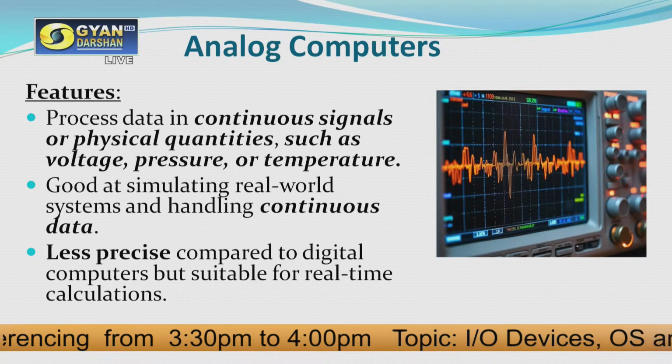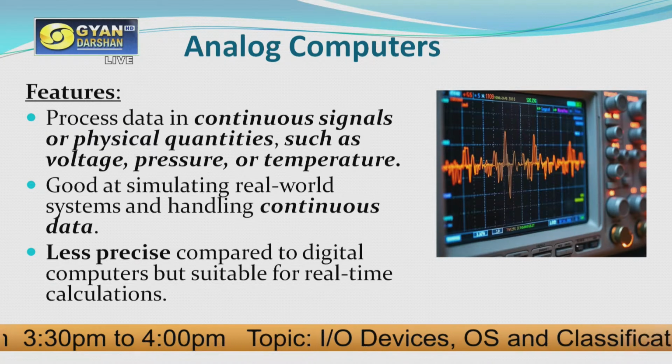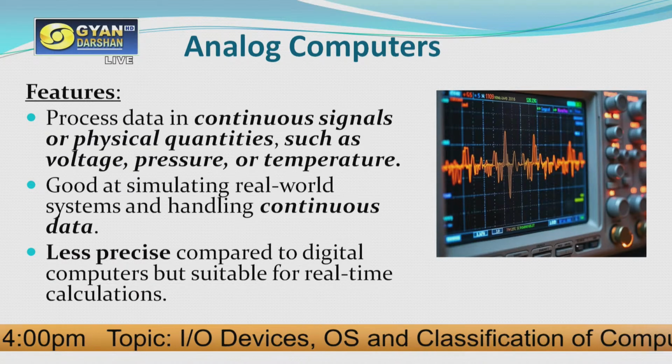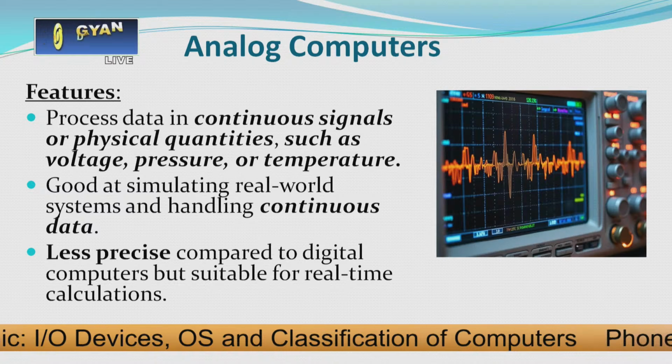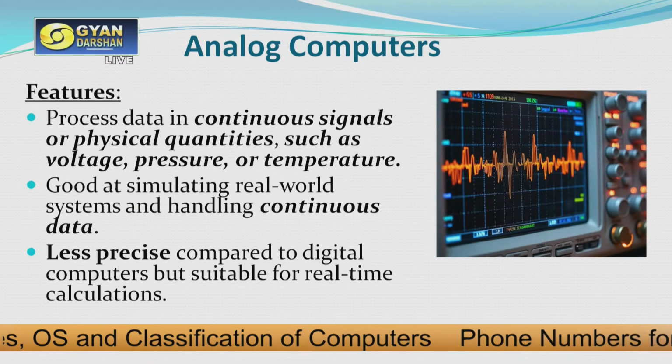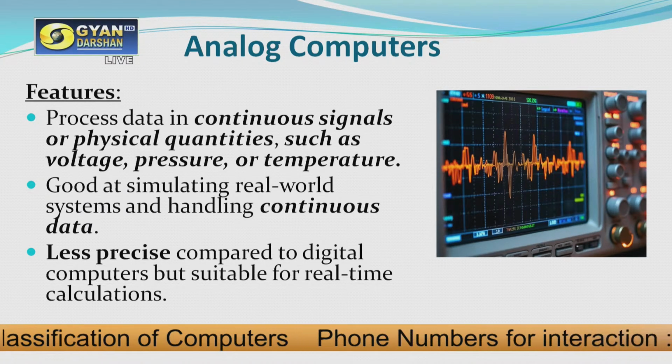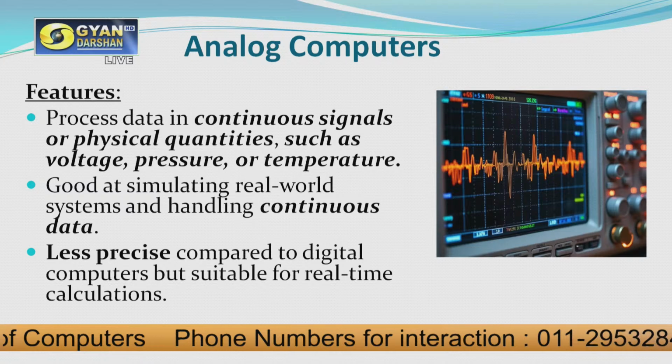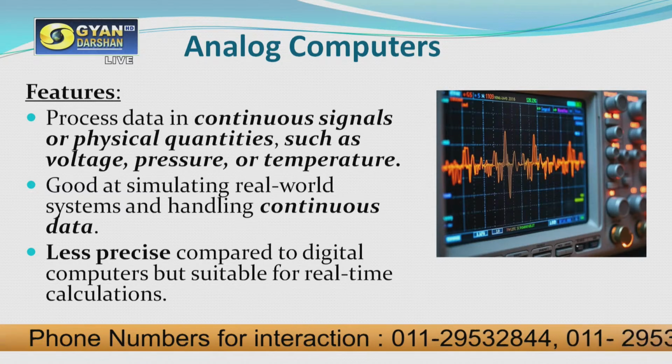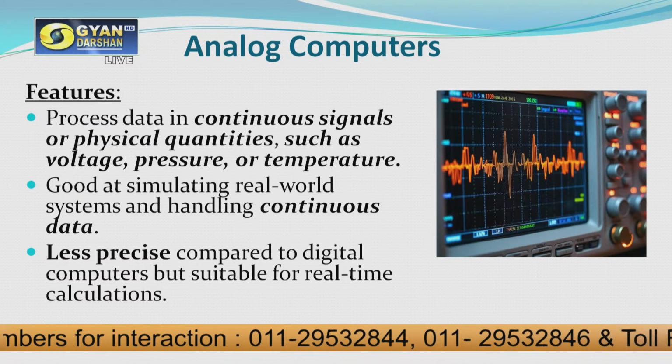They are very effective in simulating real world systems and handling continuous data. When compared to the digital computers' precision, these are less precise, and they are basically helpful for real-time calculations.